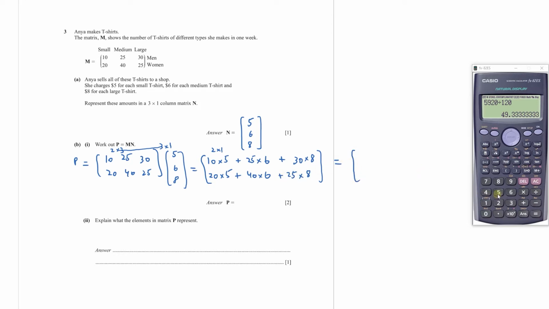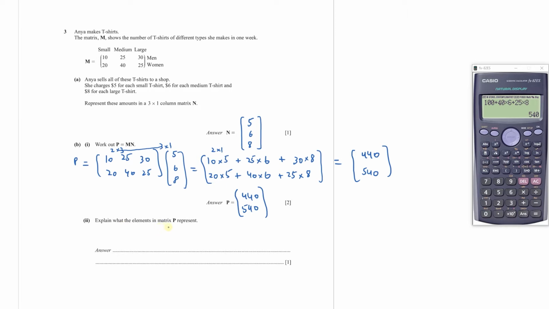If you calculate these, you get 440 here, and for the other row, 100 plus 240 plus 200, so you get 540. So this will be your matrix P: 440 and then 540.